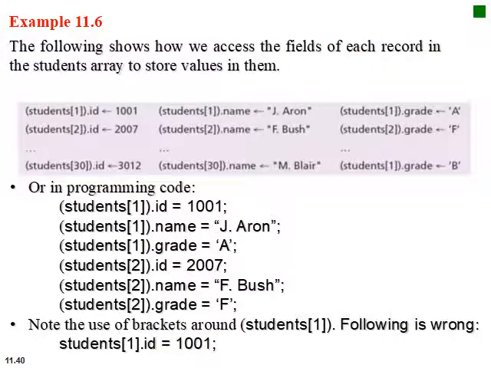In this example, we show how we access the fields in each record in the students array to store values in them. So now things start to look a little bit more complex. Basically what this says here is that students1.ID is assigned the value 1001.